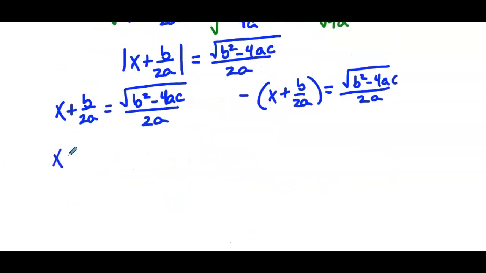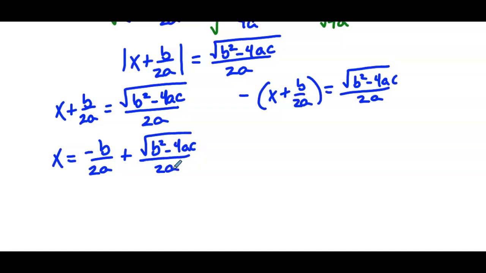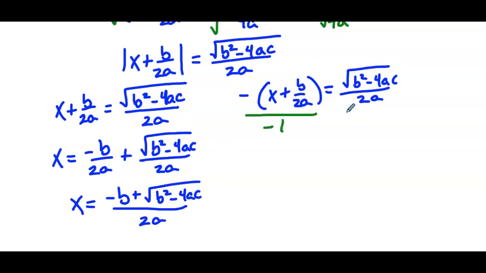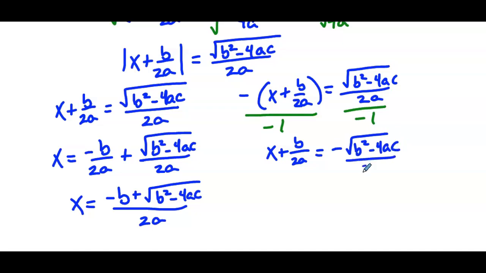So here we'd have x equals negative b over 2a plus the square root of b squared minus 4ac over 2a. Notice they have the same denominator, so I can write that as one term: negative b plus the square root of b squared minus 4ac all over 2a. Here we can divide both sides by -1 first. So x plus b over 2a equals the negation of the square root of b squared minus 4ac over 2a.